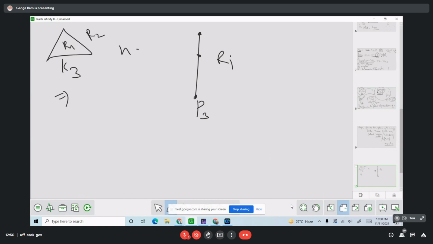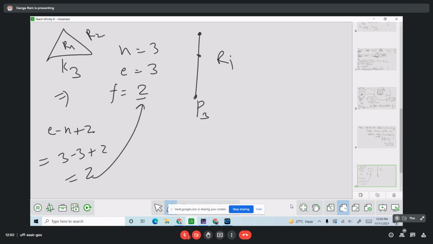Here N is 3, E is 3, and F is 2. So E minus N plus 2 will be 3 minus 3 plus 2, which is equal to this.